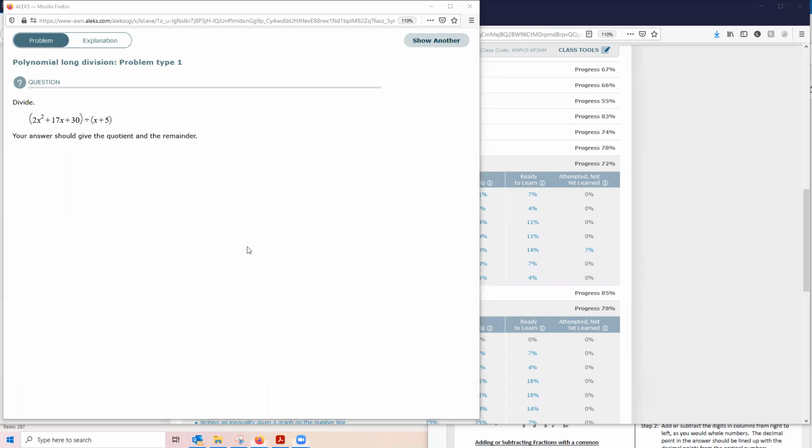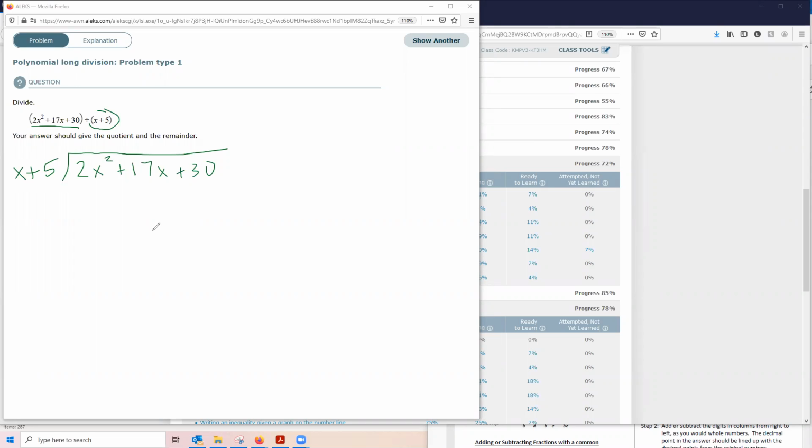For long division, what you do is you take this first expression and put it under the fraction bar, and you take the second expression and put it out in front.